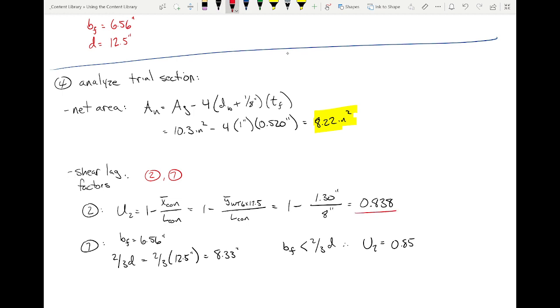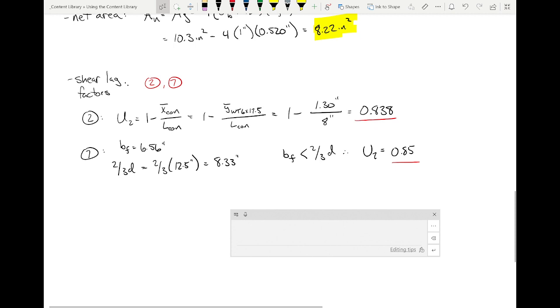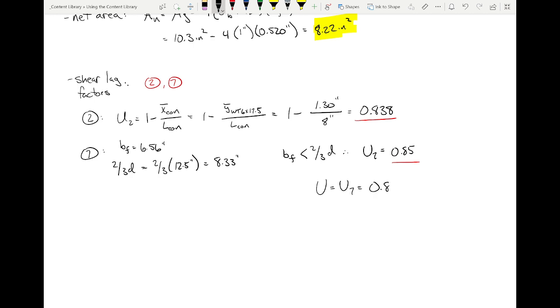Between this value and this value, what's U? And again, highlighted. So now we've got everything that we need to do our analysis. There are 3 checks that we're going to do: gross section yielding, net section fracture, slenderness. So one at a time.